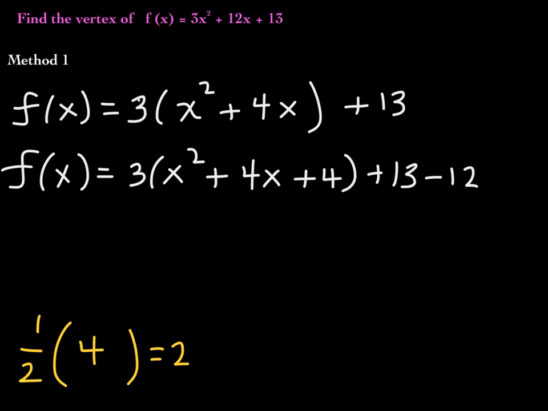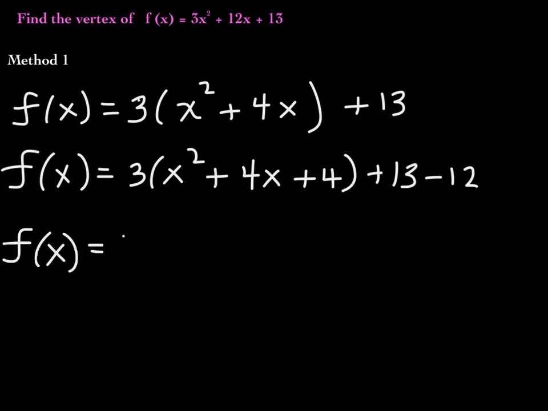Now that we've completed the square, we can factor that trinomial, that three-term polynomial inside the parentheses. It'll factor as a square of a binomial every time. On the outside, 13 minus 12 is just positive 1. Now, here the variable is x, so that's what I'll write.